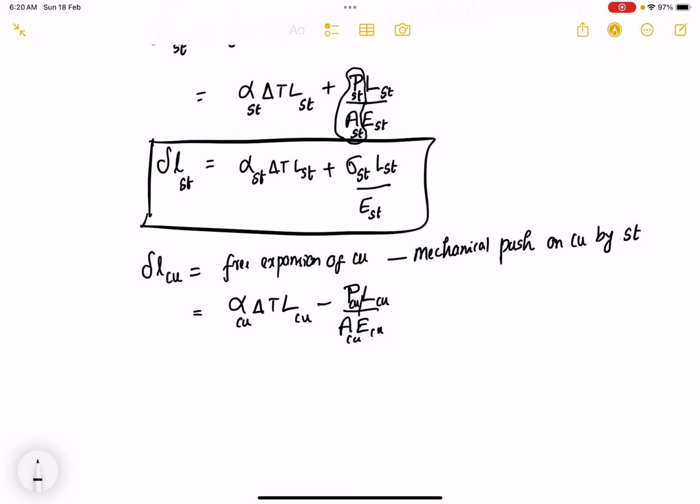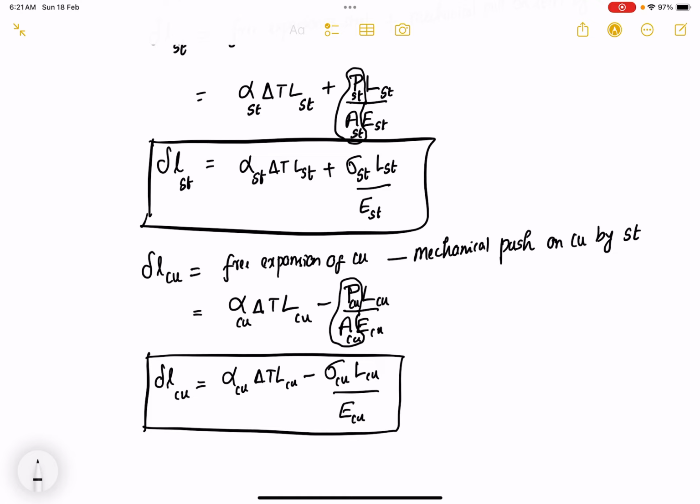This term can be written as stress in copper. So in the next equation, it is alpha of copper into del T into length of copper minus stress in copper into length of copper divided by Young's modulus of copper. So this is the change in length of copper.